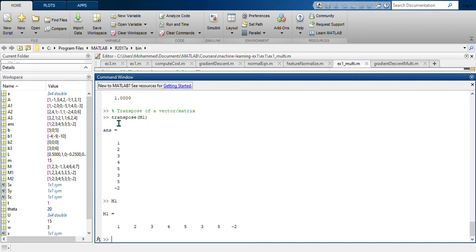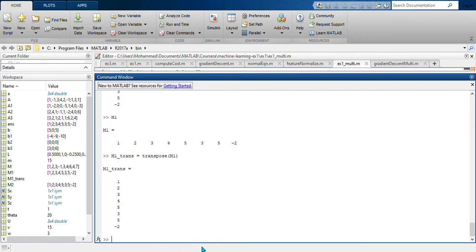Whenever we write such commands, we can store the output in a different variable. I'll call it m1 underscore trans equals transpose m1. So I'm storing the transpose of m1 in another variable whose name I'm defining as m1 underscore trans.